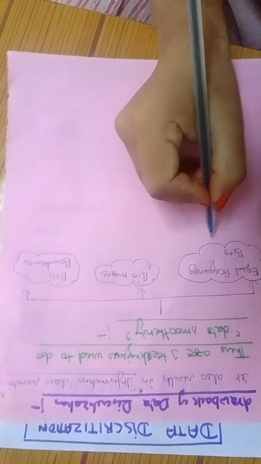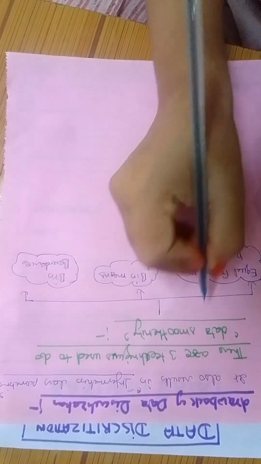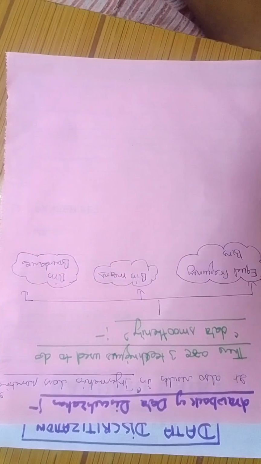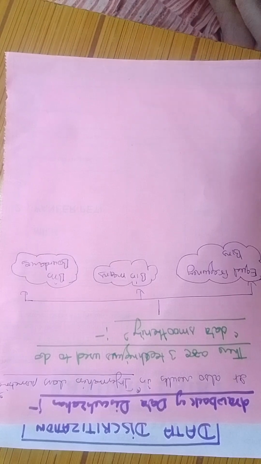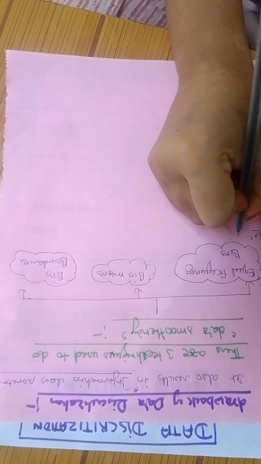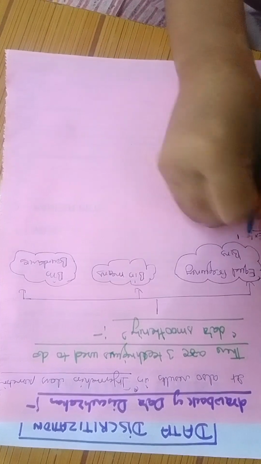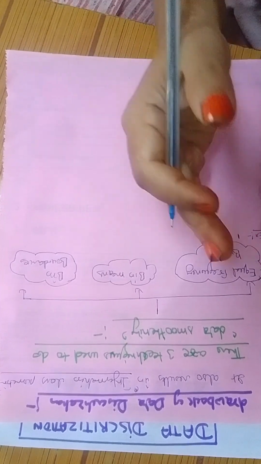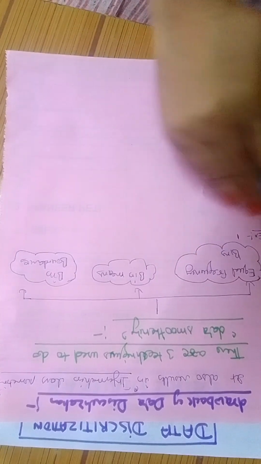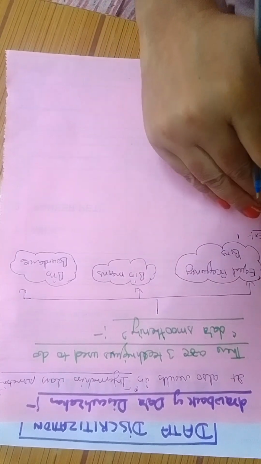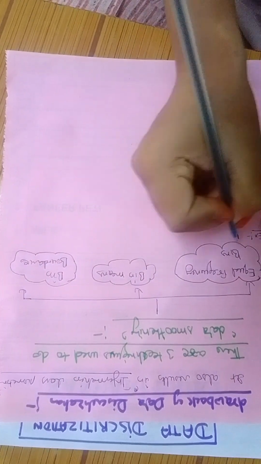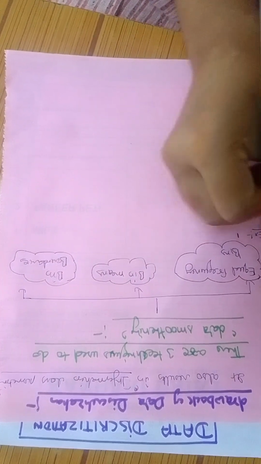How is the equal frequency bins technique used in data discretization? Now we'll take one example. Suppose in a general store there are 12 items, and the prices of those items are in rupees or dollars.